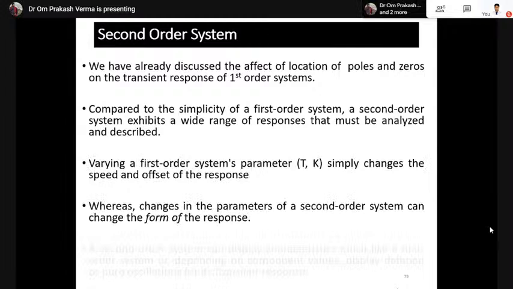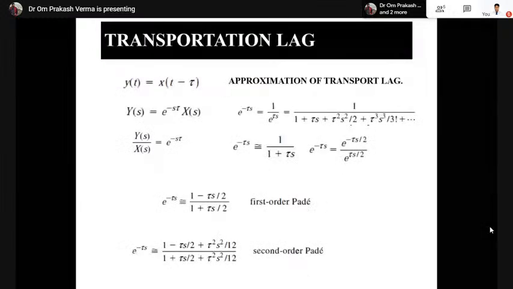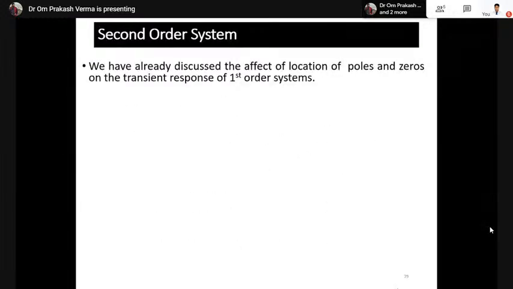Now today we are going to start with the second order system. A second order system is very important for control engineers. We discussed the effect of the location of poles and zero on the transient response of the first order system.